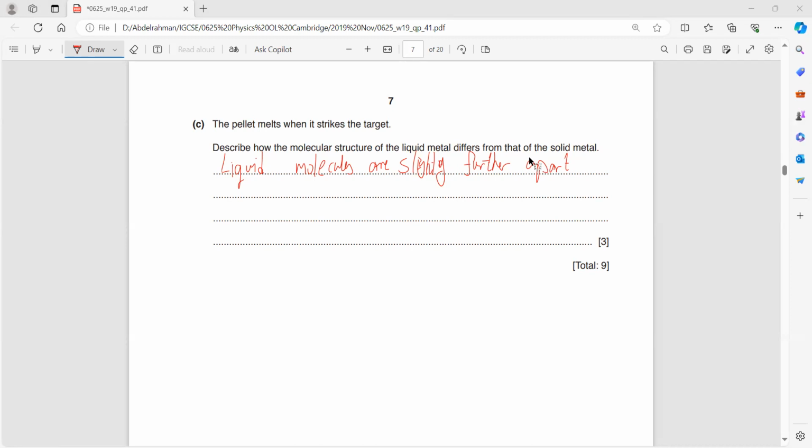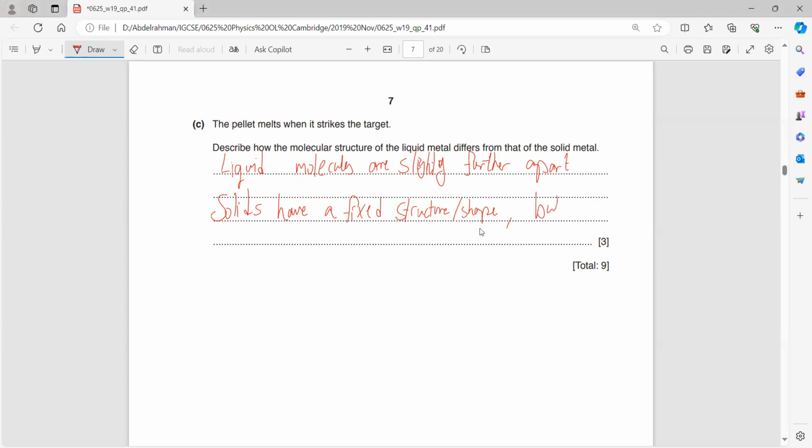Can we say that the solid has a lattice structure, a fixed structure, but the liquid doesn't? Nice. Solids have a fixed structure or shape, a fixed arrangement.